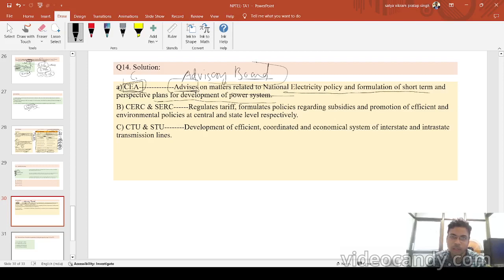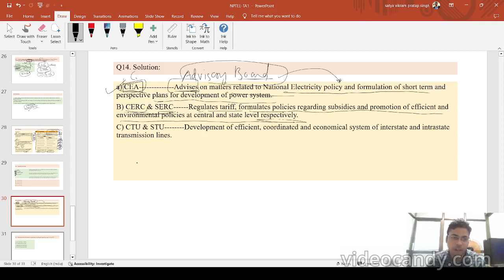CERC and SERC, the Central and State Electricity Regulatory Commissions, regulate the tariff and formulate policies regarding subsidy and promotion for efficient environmental policy at central and state level.